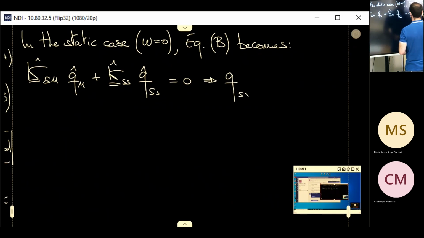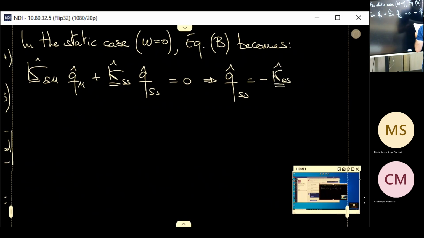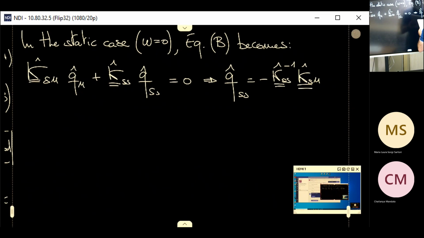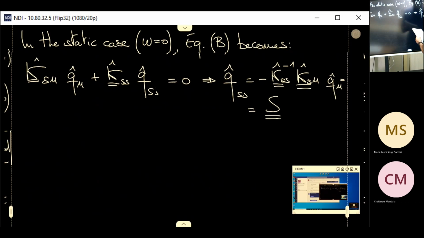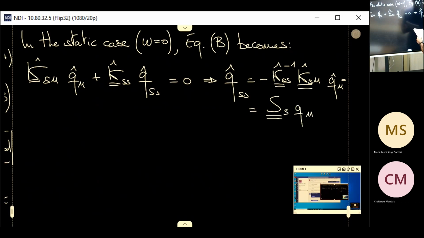So QSS is minus KSS to the minus 1 by KSM, all of it inserting over QM. In particular, we typically denote this as a new matrix S, multiplying QM.